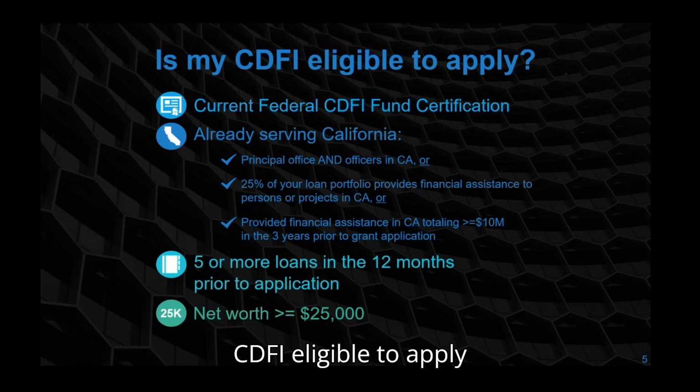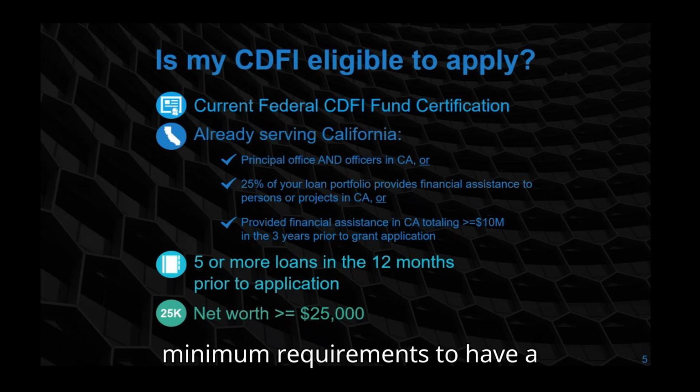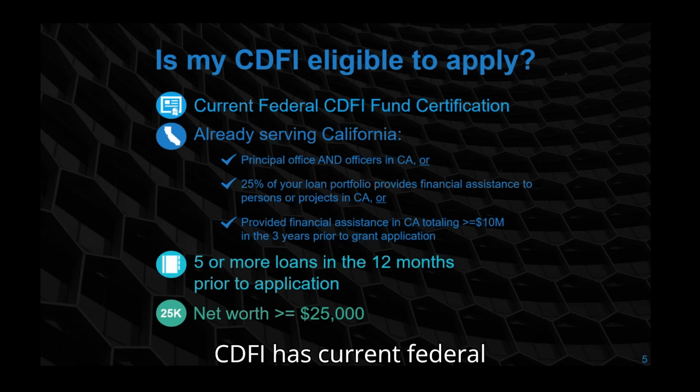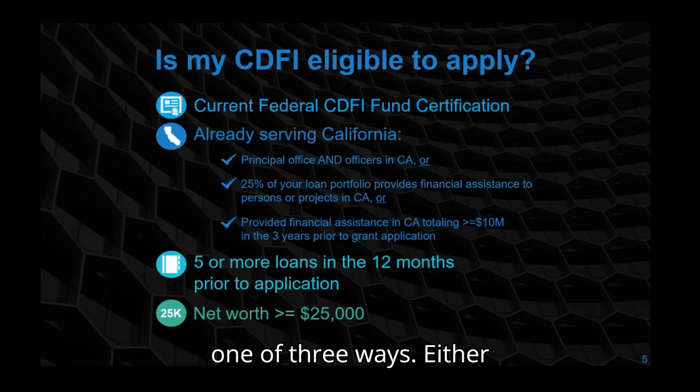Is my CDFI eligible to apply for a Cal-IP grant? So there are some minimum requirements to have a successful Cal-IP grant application. The first requirement is that your CDFI has current federal CDFI fund certification. Also, your CDFI needs to already be serving California in at least one of 3 ways.